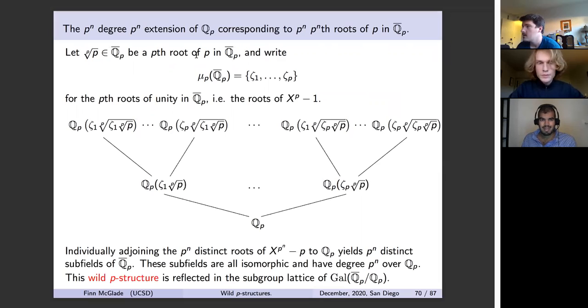So x^p minus p is irreducible over Z_p because it's Eisenstein, and therefore it's irreducible over the field of fractions by Gauss's lemma. Okay, I think that's the answer. I'm not sure. All right.